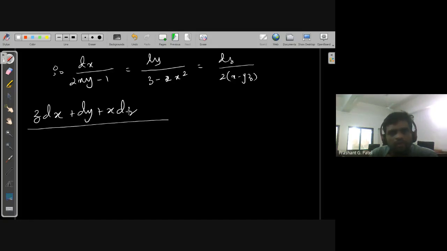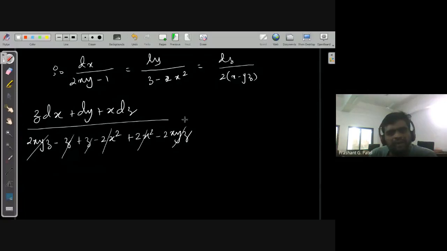In the denominator, what we will have is 2xyz minus z plus z minus 2x square, plus, if I multiply this by x, then you will have 2x square minus 2xyz. So this 2xyz gets cancelled out, this is cancelled out, this is also cancelled.